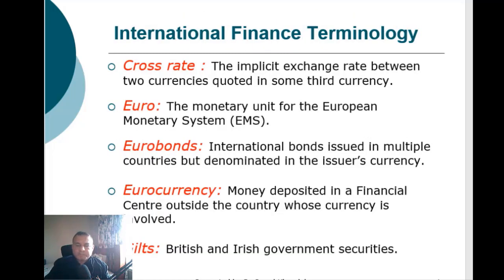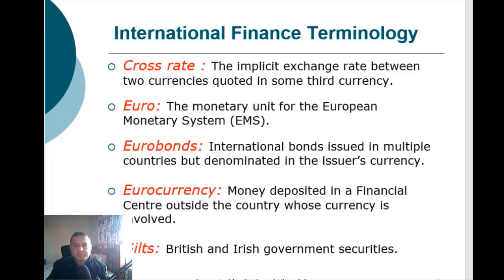So when we talk about international financial management, we need to think about different types of terminology, and we need to familiarize ourselves with the different terminologies as well. For example, the cross rate. The cross rate is an exchange rate between two currencies quoted in some other third currency.